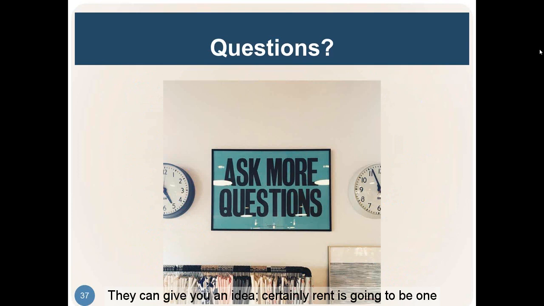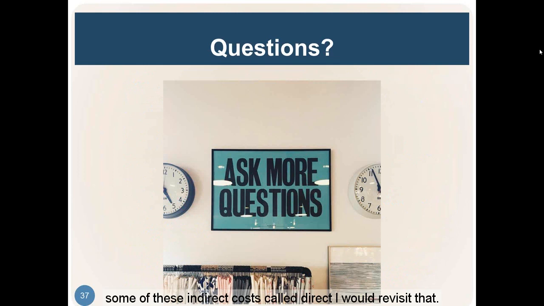And certainly rent is going to be one of those. If you pay rent for more than one program, in general it's going to be an indirect cost. But if they're getting 10% from you, and they're getting some of these indirect costs called direct, yeah, I would revisit that. Okay.